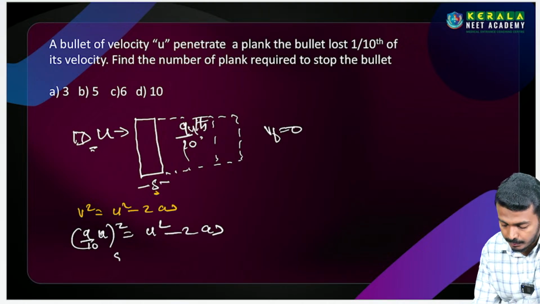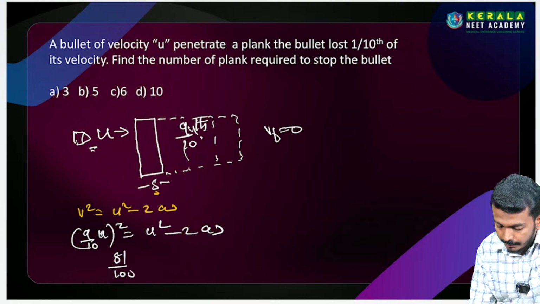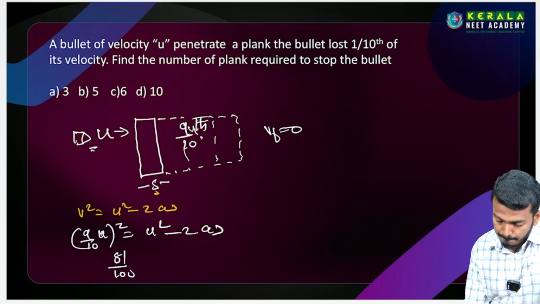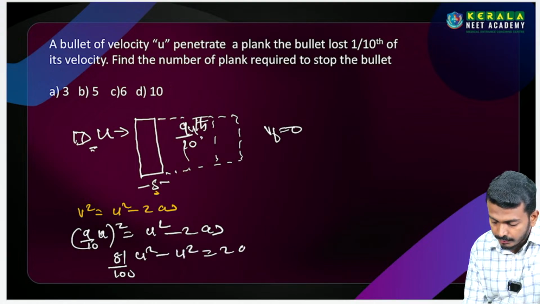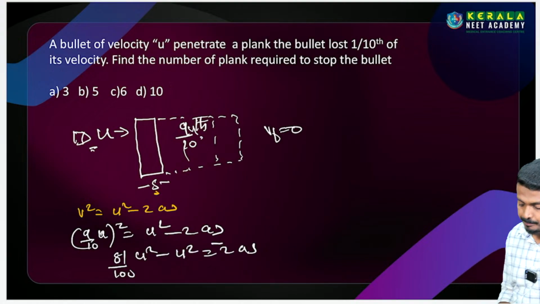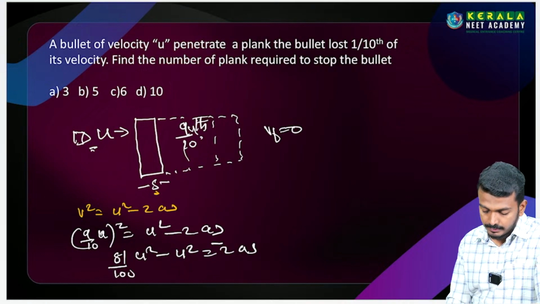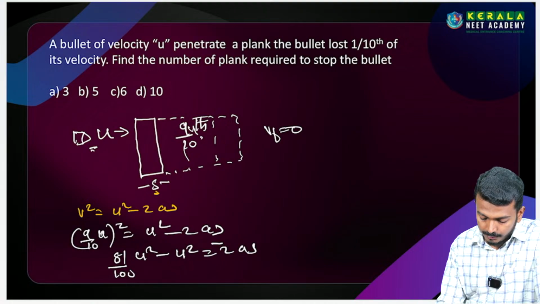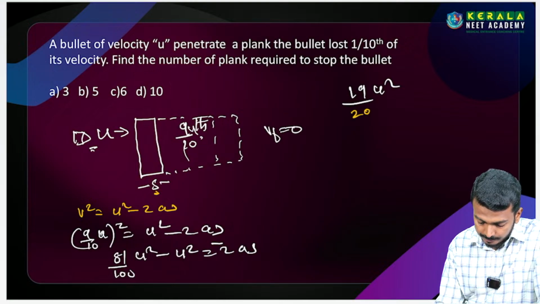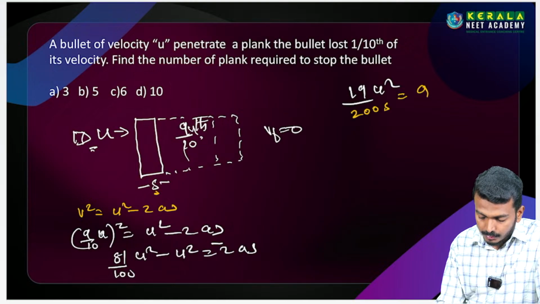Okay, when we square it, 81 divided by 100. Okay, 81/100 u square minus u square is equal to what? Minus 2as. Yes, when we solve this, what value will we get? 19 u square divided by 200, right? 200 s is equal to what? Acceleration. Acceleration.